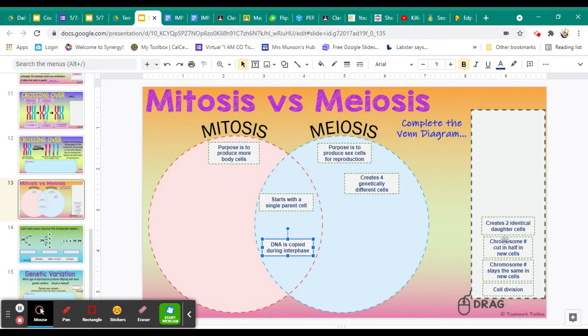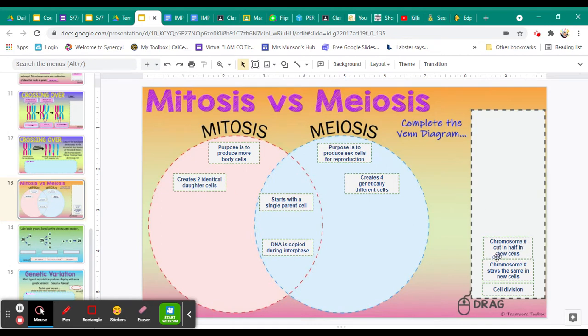Creates 2 identical daughter cells. That's mitosis. So when your cells need to be replaced or when you need more cells so you can grow, then the DNA needs to be exactly the same, right? Because it's still your cells. So in mitosis, only 2 cells are made and they're exactly identical to the parent cell.